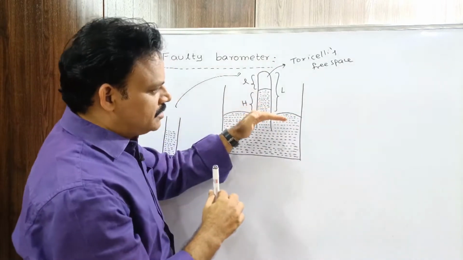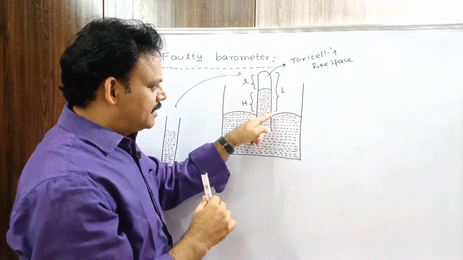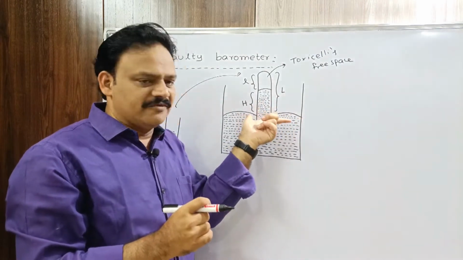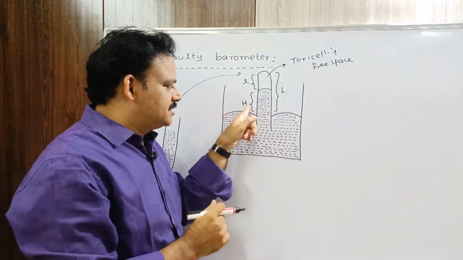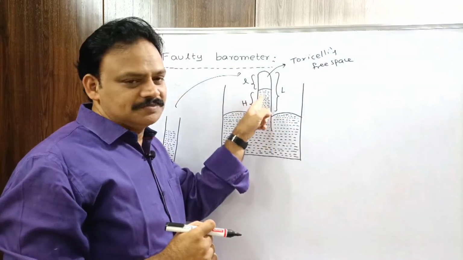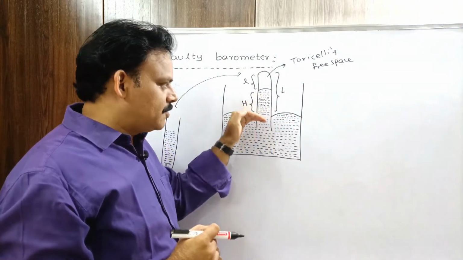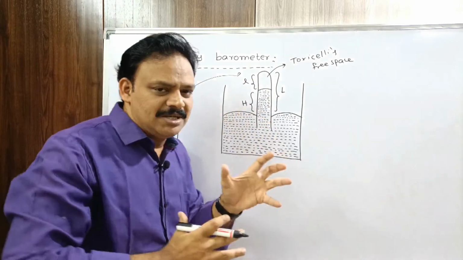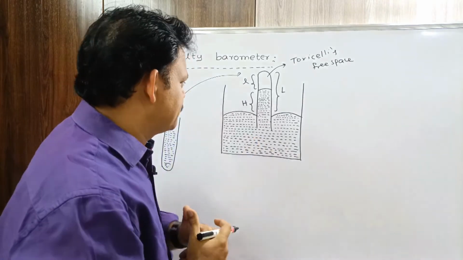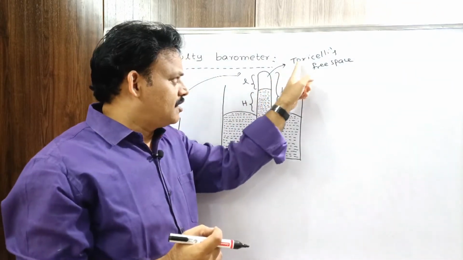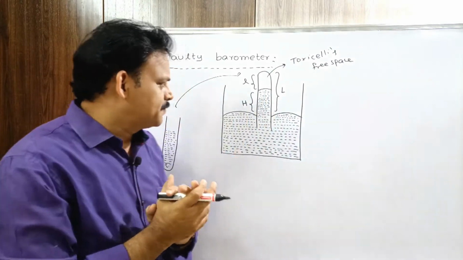And the capital H, the height of the mercury column above the level in the beaker, gives us the atmospheric pressure. This capital H gives us the true atmospheric pressure, but this space, as I told you, is nothing but vacuum, also called Torricelli's free space.